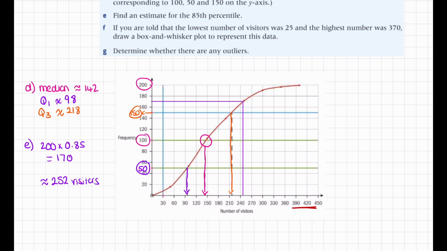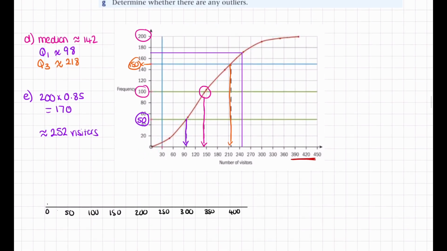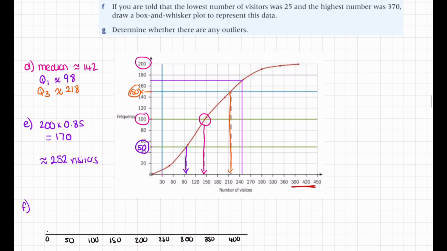F, if you were told that the lowest number of visitors was 25 and the highest number was 370, draw a box and whisker plot. So here you will see I have my beautiful axes ready to go for my box and whisker plot. So we're being told that the lowest was 25 and the highest was 370. So I'm going to draw 25 a line and 370 was my maximum. So it'll be about there.